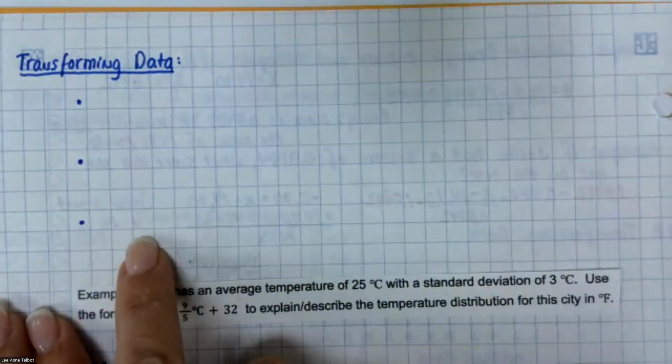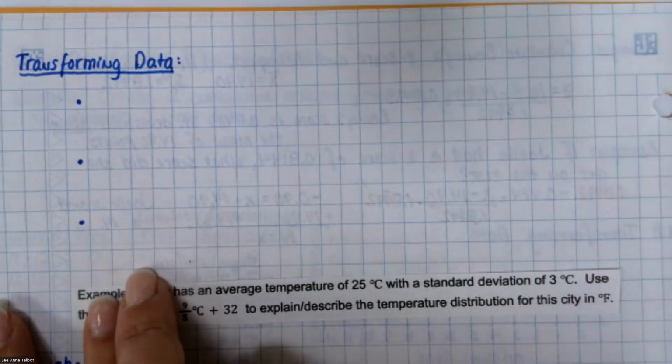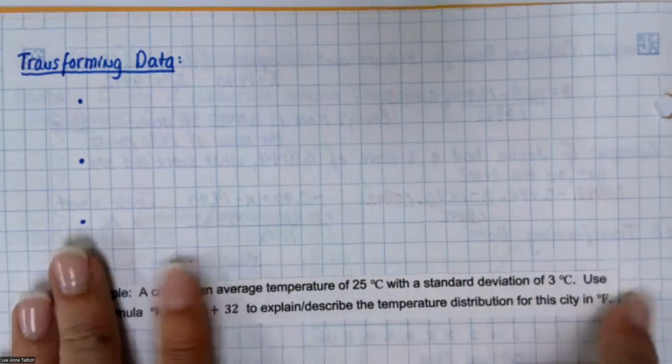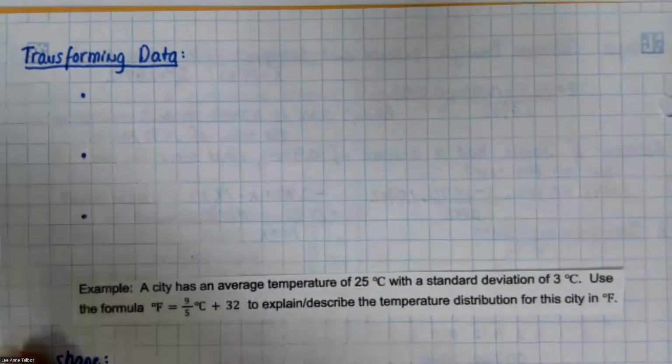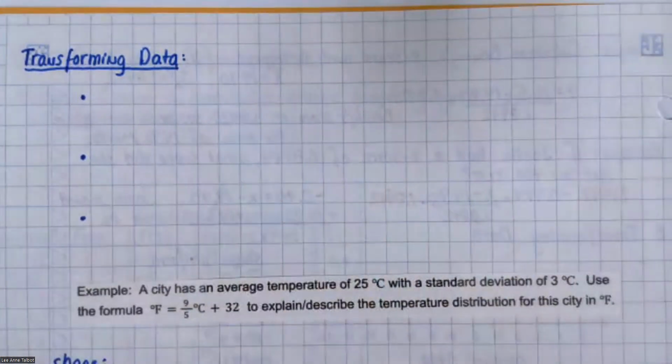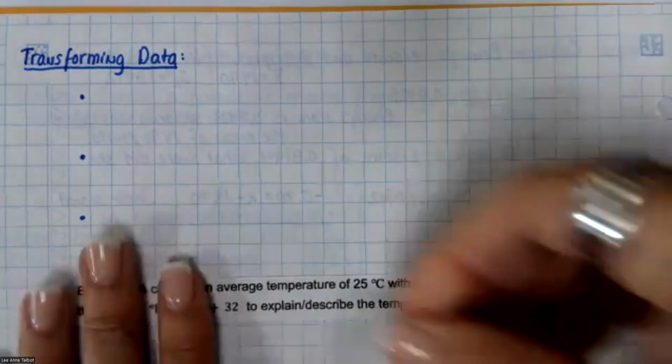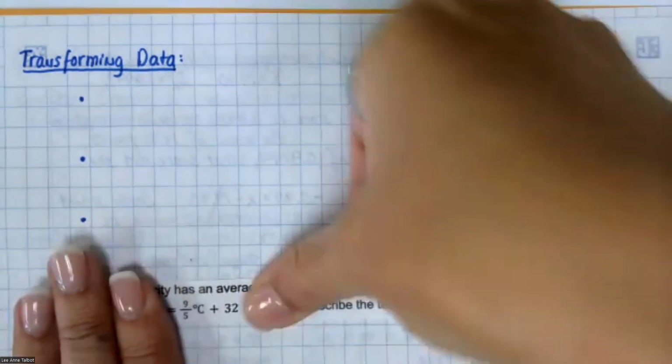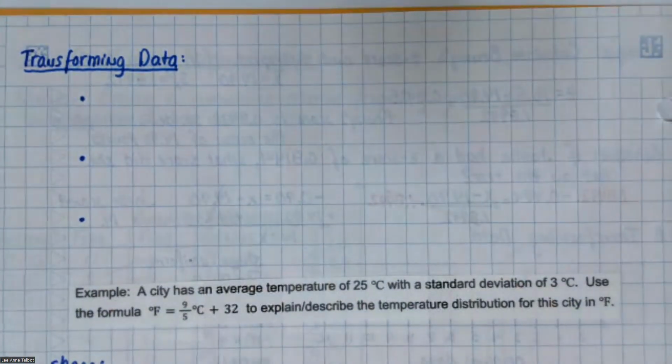I suggest leaving 3 lines underneath this bullet point here for us to write in what we're going to write there. Seems to be going slightly uphill.